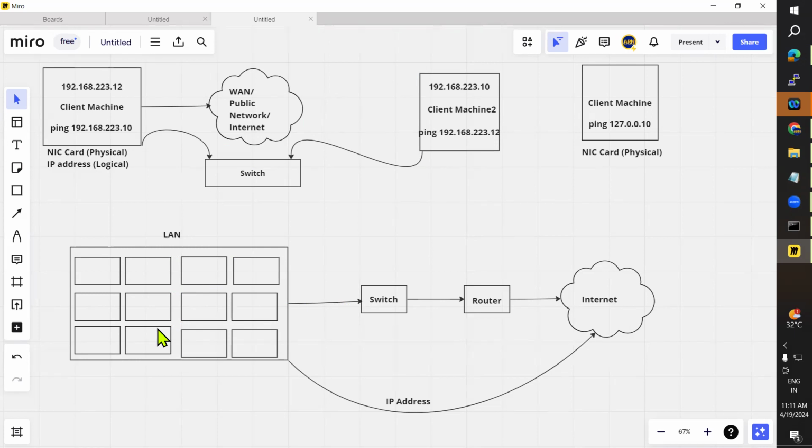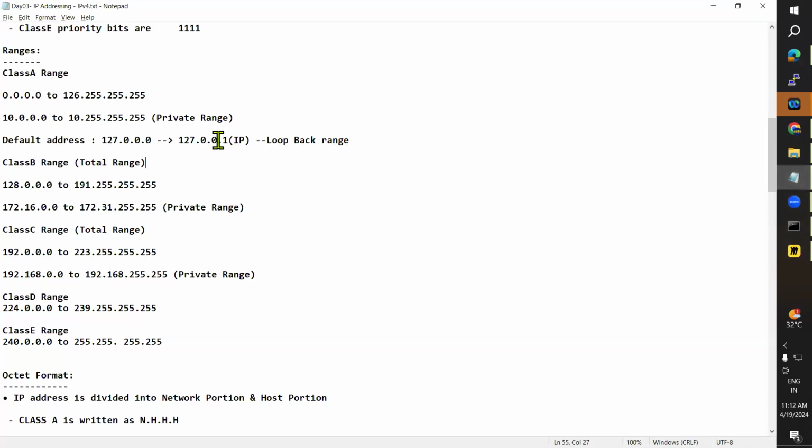For example, if TCS has 2 or 3 lakh employees, is that many IP addresses available in IPv4? No.